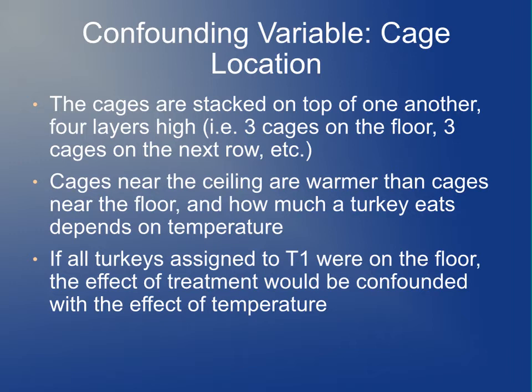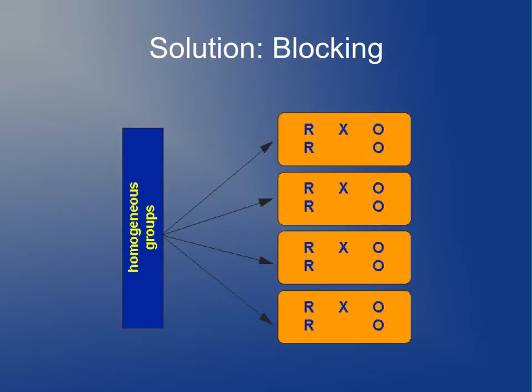So to avoid this, you use a technique known as blocking. Here's a diagram of blocking, which is basically that you first partition your data set into more homogeneous subgroups, then you do randomization within each subgroup, and that ensures that the two groups are relatively comparable to one another.